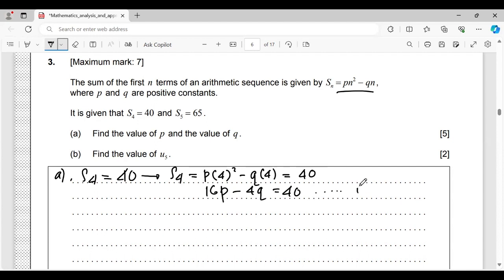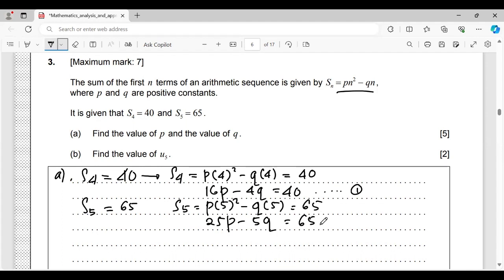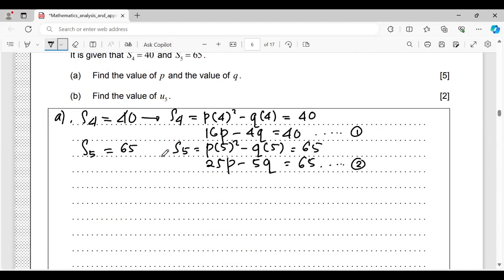This is the first equation. And S5 equals 65. So it means S5 equals p times 5 squared minus q times 5 equals 65. So 25p minus 5q equals 65. This is the second equation.